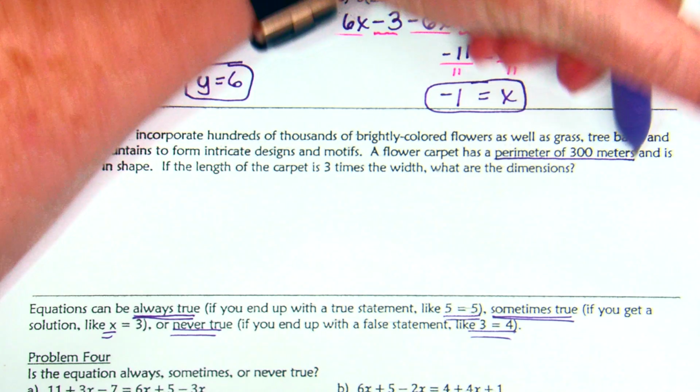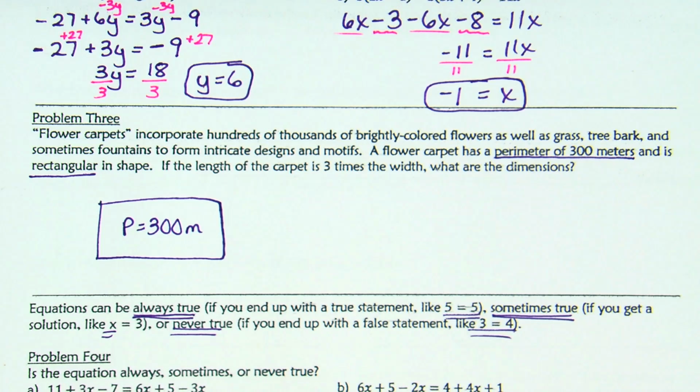Now, continuing along, if the length of the carpet is 3 times the width, what are the dimensions? So notice it says the length is 3 times the width. Then we're being asked to find the dimensions. Okay. When we look at a rectangle, what do you think about of a rectangle?